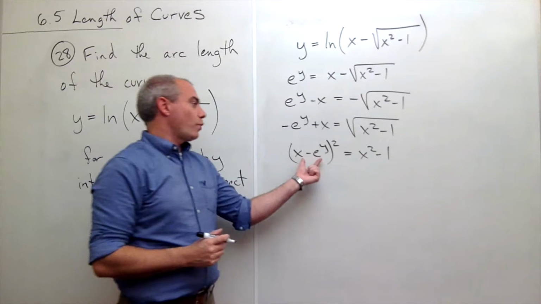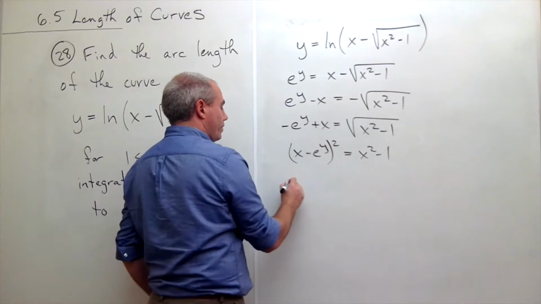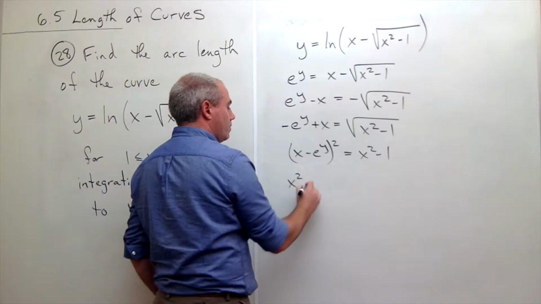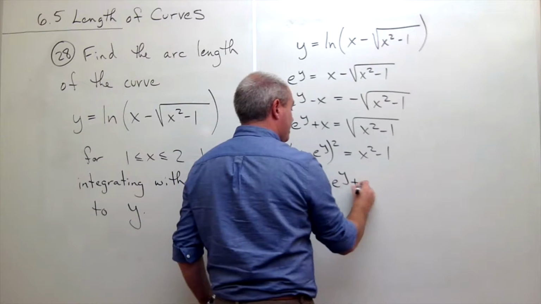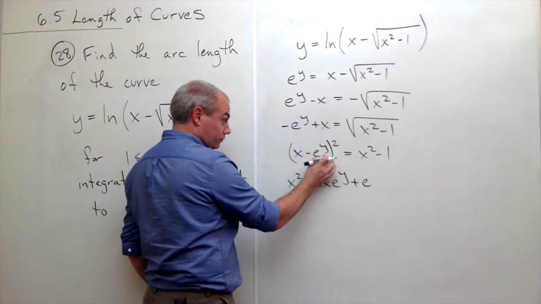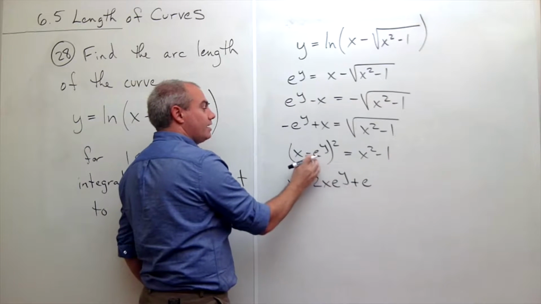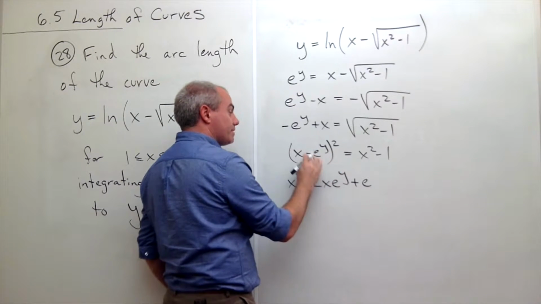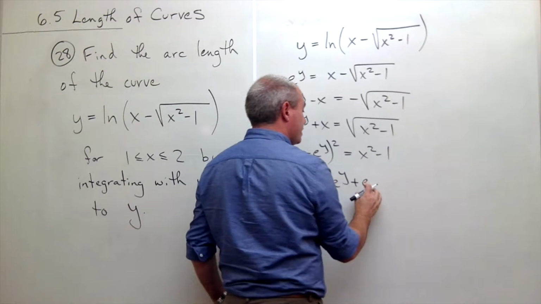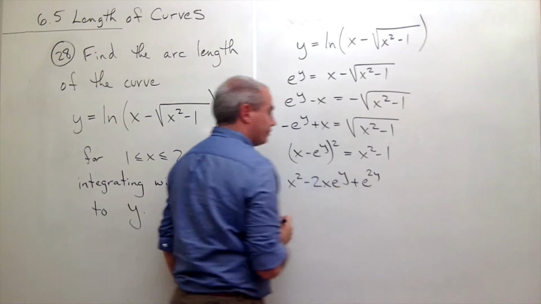Let's square this one. When I do, I get x squared minus 2x e to the y plus e to the 2y, because negative e to the y times negative e to the y is e to the 2y.